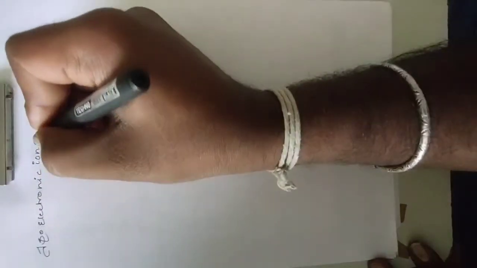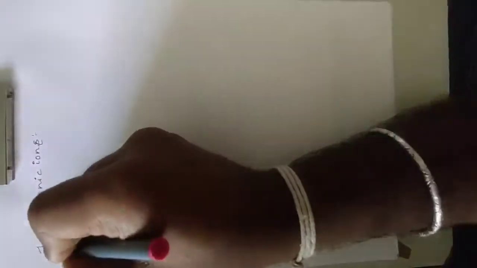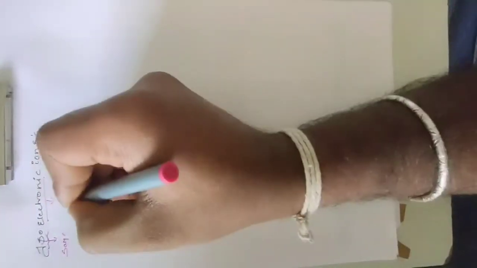You see, iso is nothing but same. Electronic is nothing but, you know that already, electrons. Same electrons. We will say the same number of electrons, but the proton number will differ.